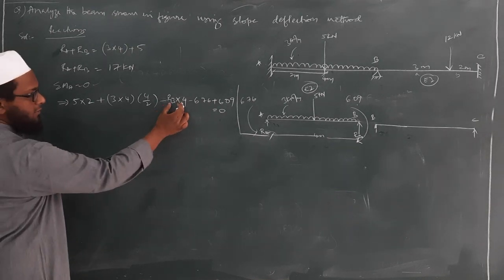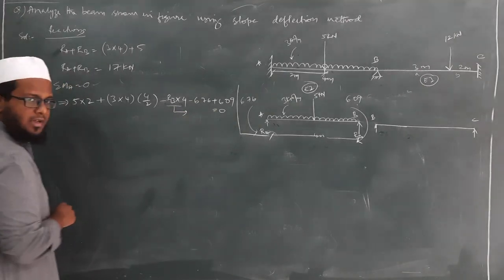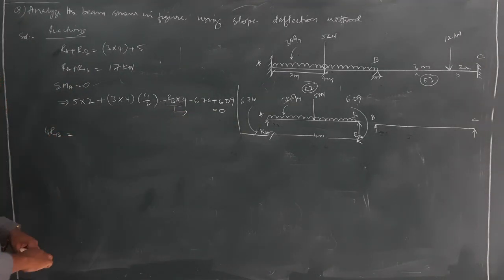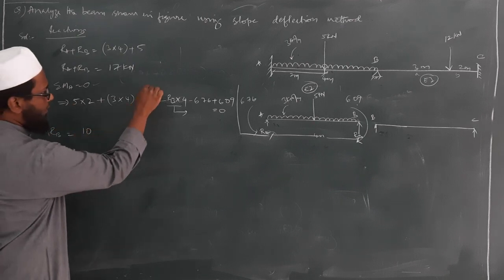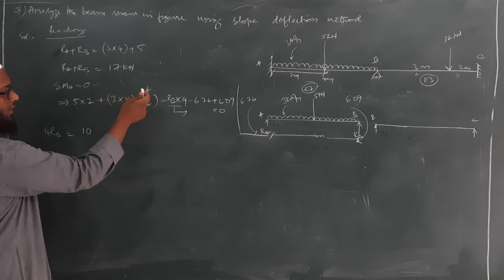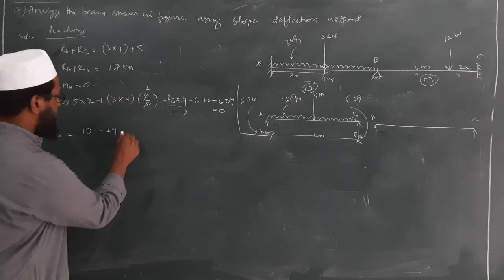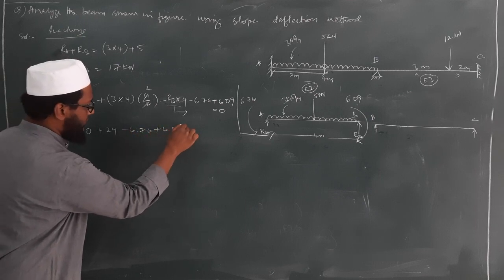I'll shift this minus 4 RB to the right hand side. So what will happen here? 4 RB is equal to 5 2s are 10, 2 1s are 2, 2 2s are 12 into 2, 24. So minus 6.76 plus 6.09.